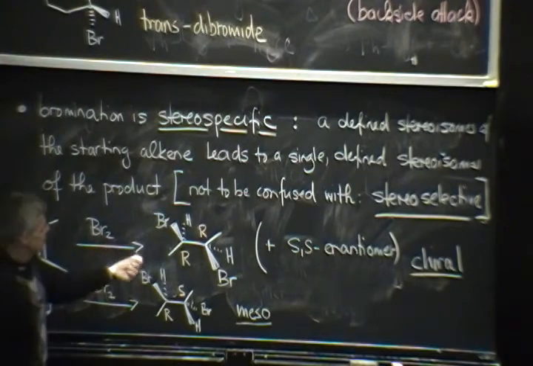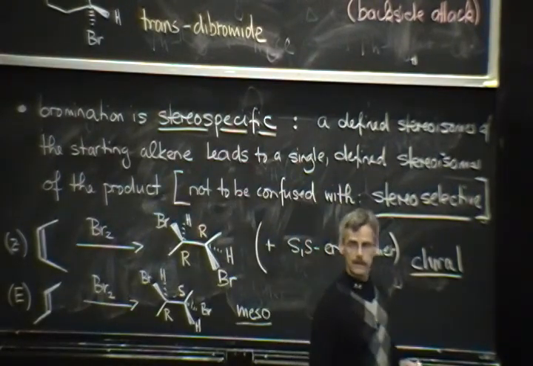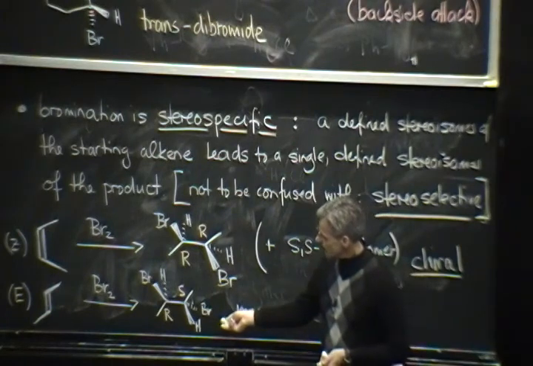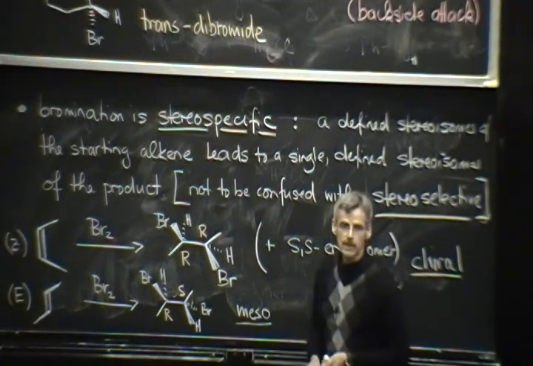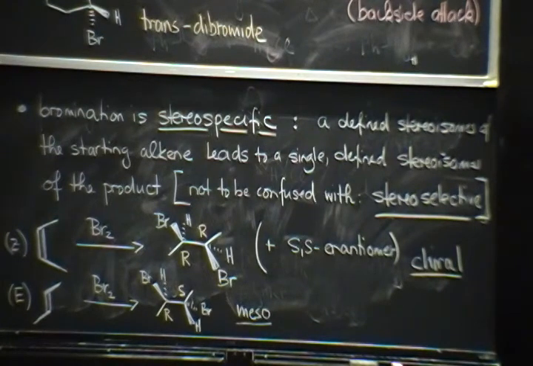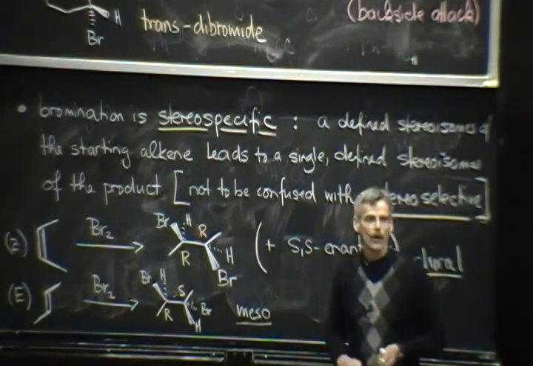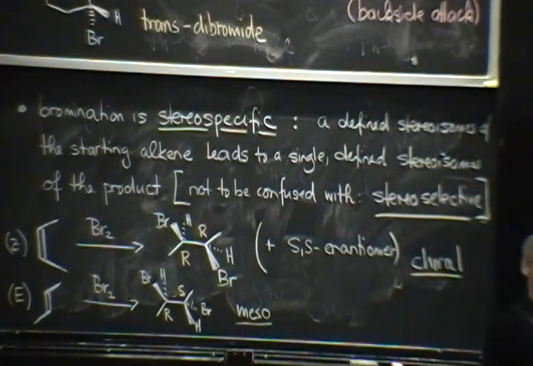In one case, I get the chiral dibromobutane product. In the case of the other isomer, I only get the meso dibromobutane product. And so there's no crossover here. The reaction gives us a single product depending on the orientation of the substituents in space, the stereochemistry of our starting material.